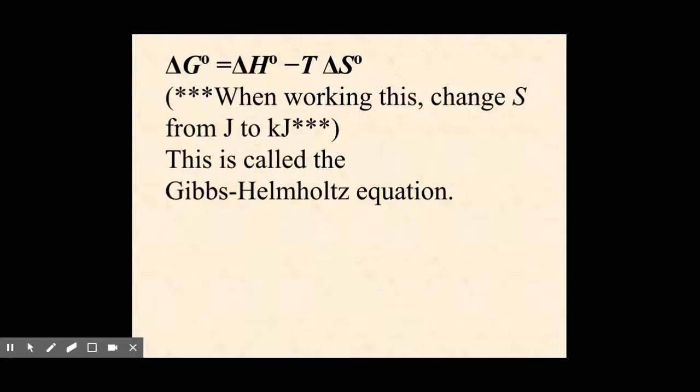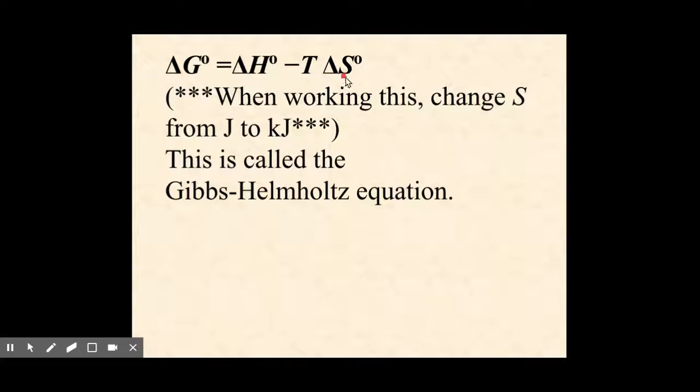Like I said before, whenever we get this equation here, that will be on your formula chart, it's called the Gibbs-Helmholtz equation, and it's very nice to have there to be able to work your units.